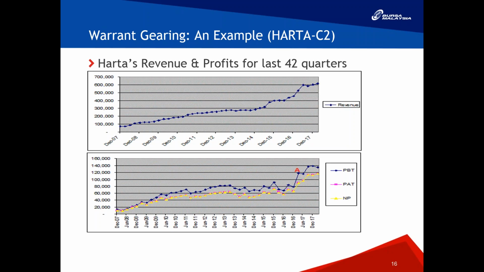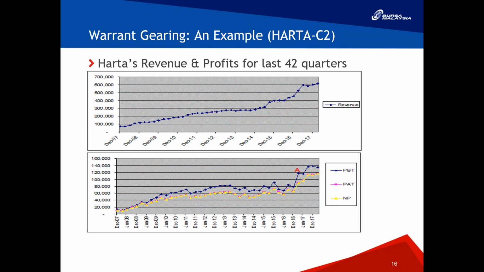And because of the smaller outlay, when the share moves in the direction of the warrant that you are positioned in, say you bought a call warrant, you're expecting the share price to go up, and it actually went up, the percentage return for the warrant is generally higher than for the share.